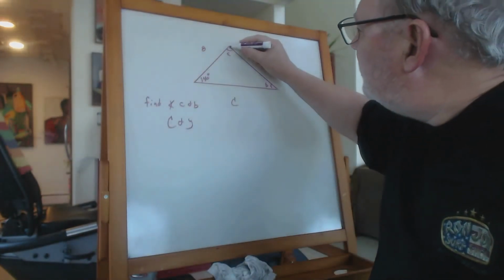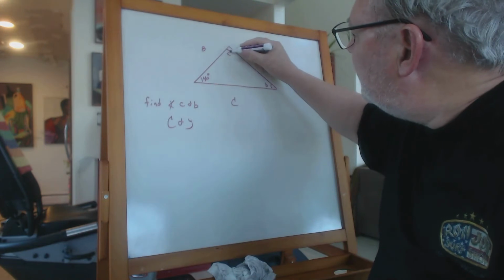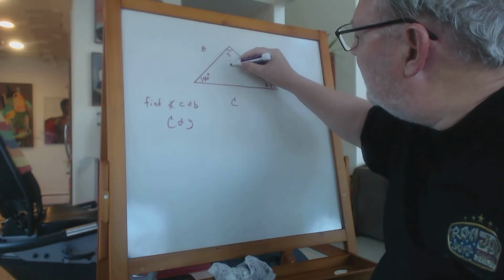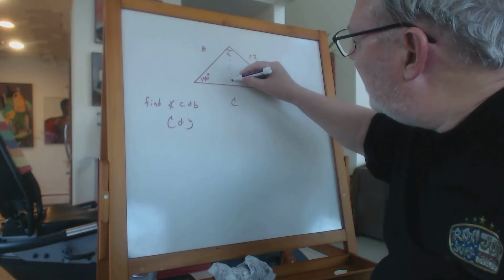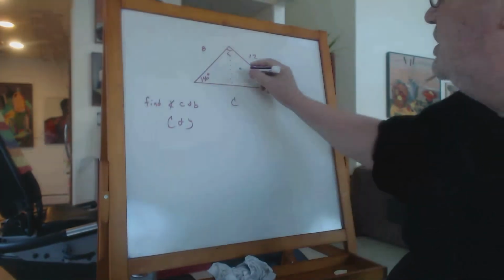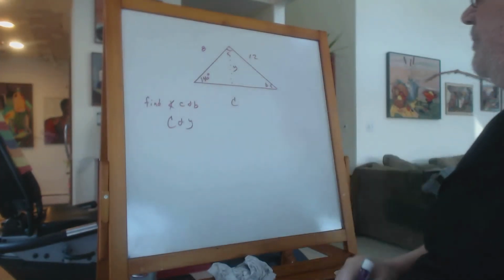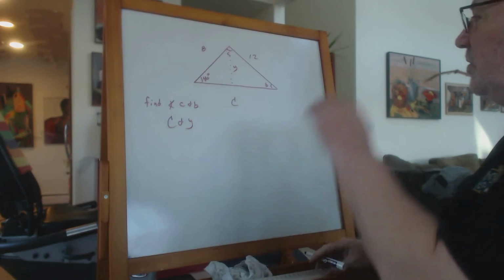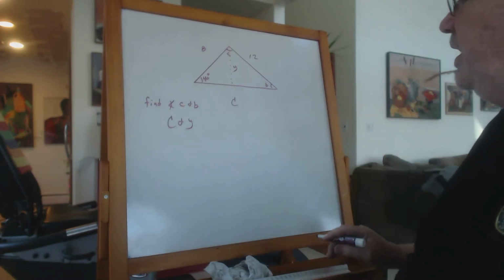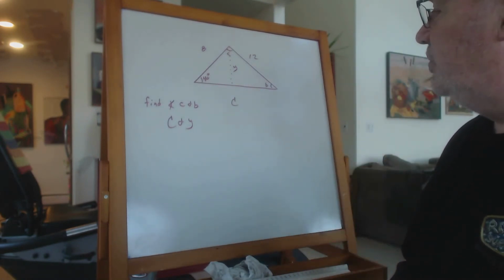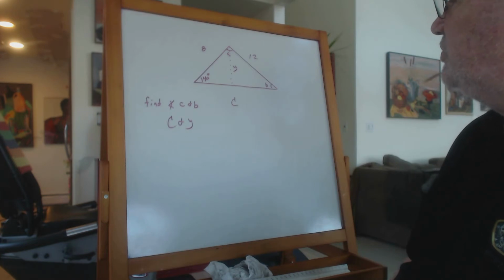And that is this vertical drawn from that vertex, and this is Y. Okay, so let's get right to it. We have one tool that we can use, which is the law of sines.